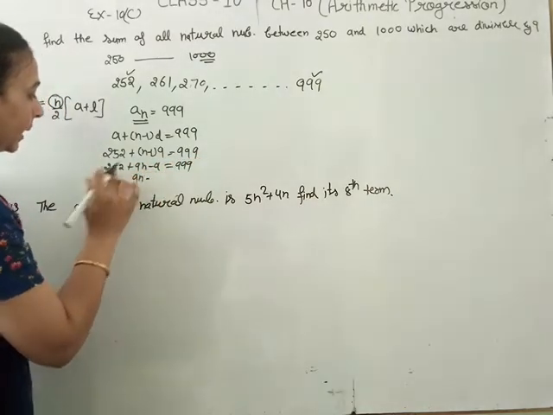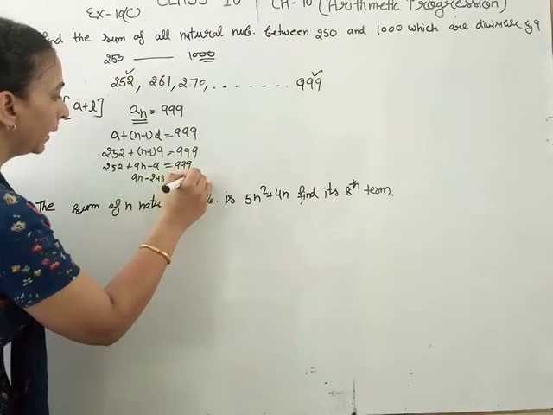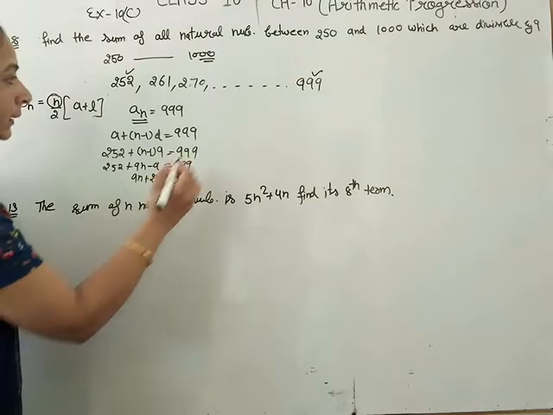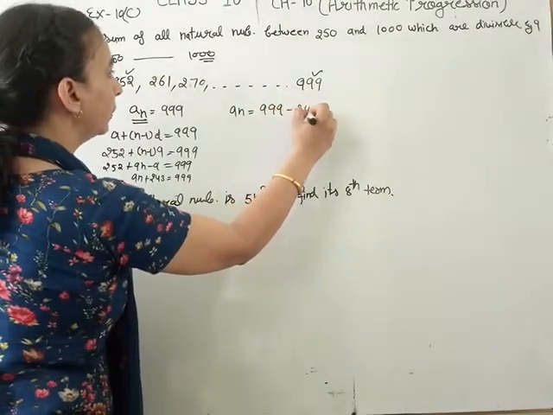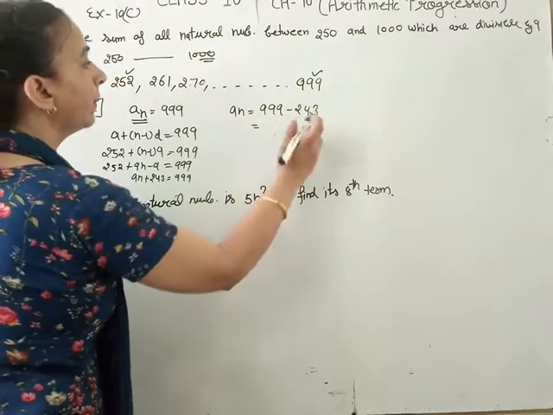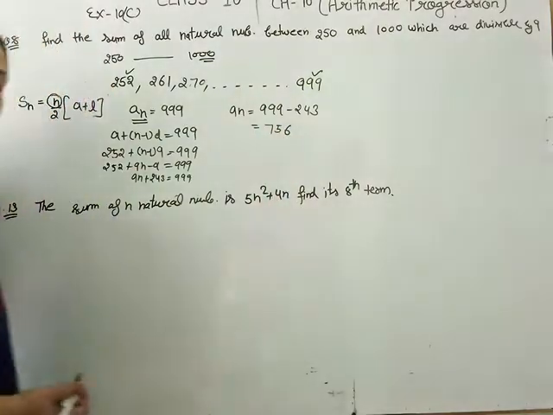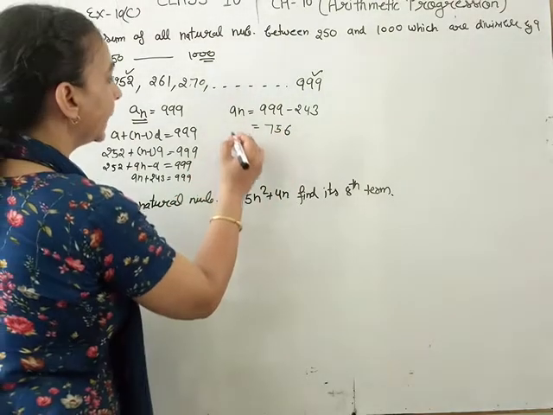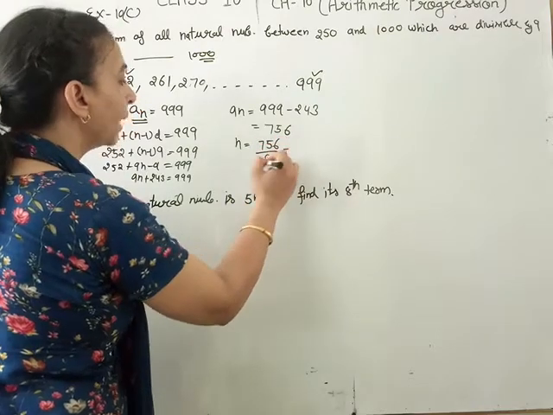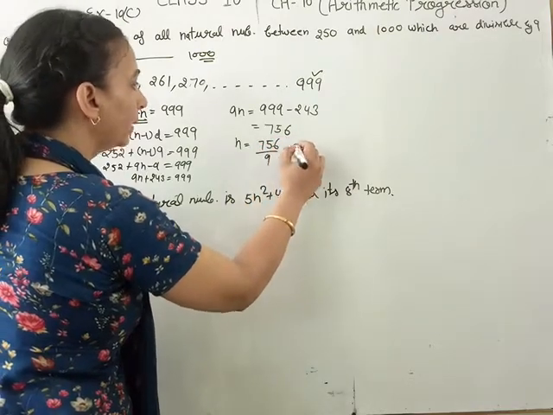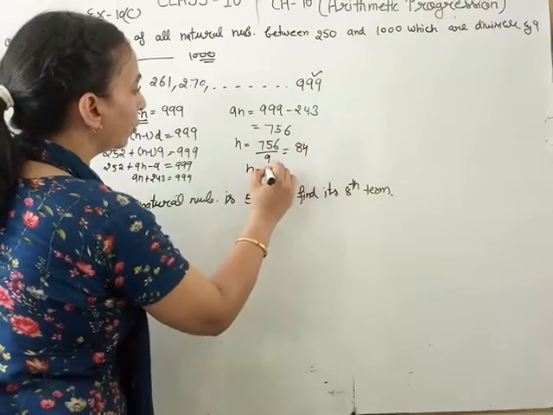Then 9n plus 252 minus 9, that is 243, equals 999. Okay, then 9n equals 999 minus 243, which is 756. Next, n equals 756 by 9. 9 times 8 is 72, then n equals 84.